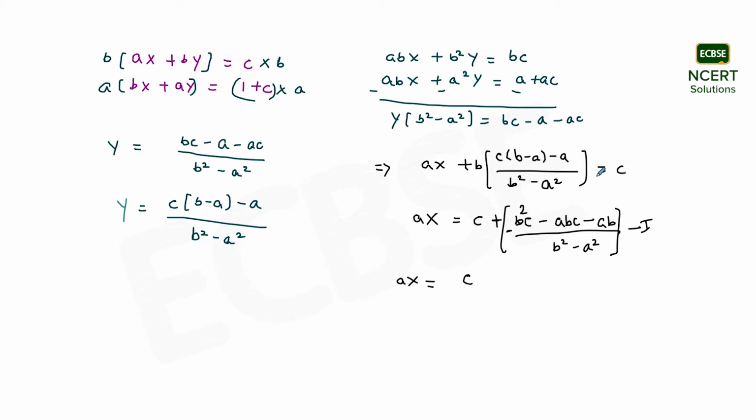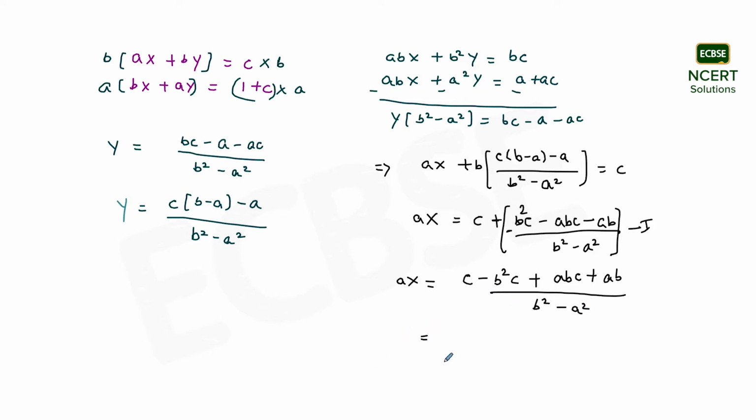Here it's plus, so here it will be minus. Just remember this. So I'm writing it as c minus b square c minus minus plus abc minus minus again plus ab divided by b square minus a square.